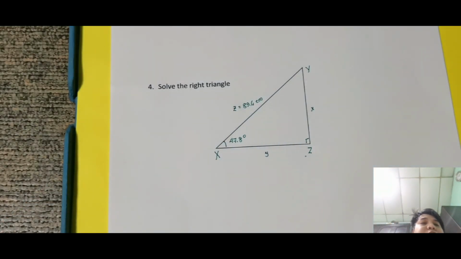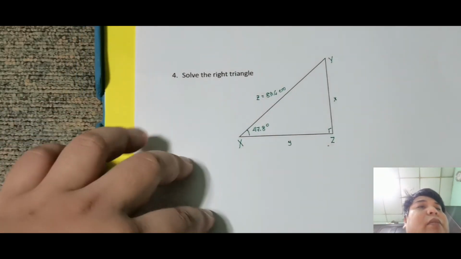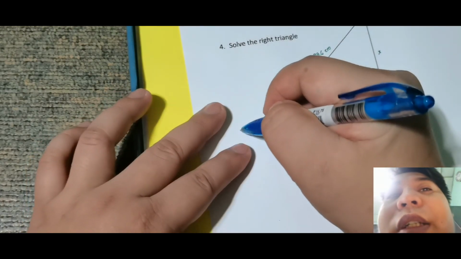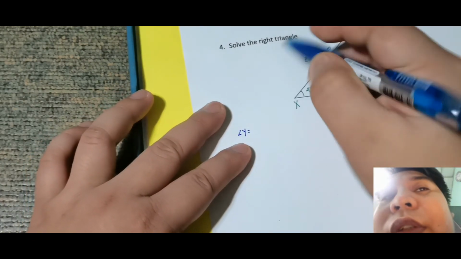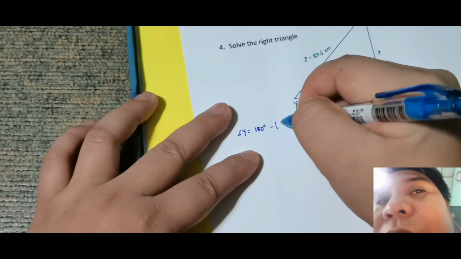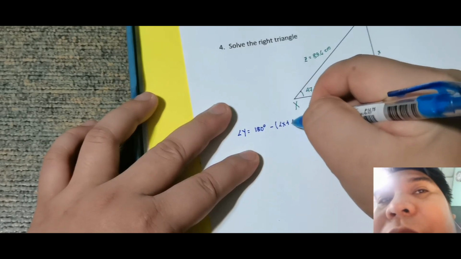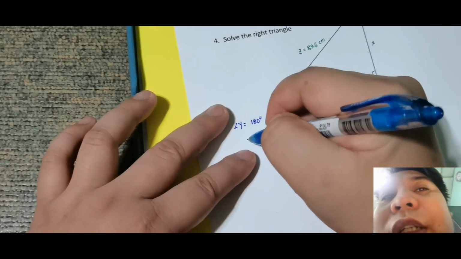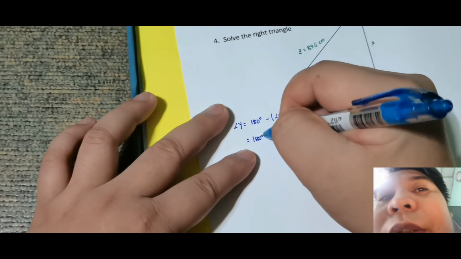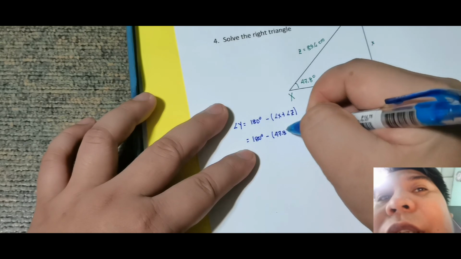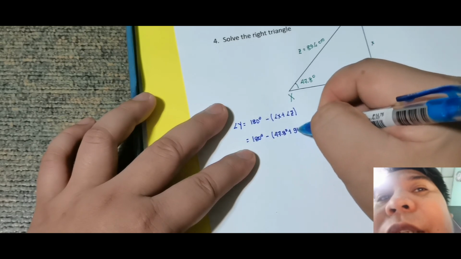So again, ganun, let's solve muna natin yung angle y kasi siya yung madali na hanapin natin. Okay, so for the measure of angle y, that's simply angle y is equal to 180 degrees minus angle x plus angle z. Okay, that is equal so 180 degrees minus this is 47.8 degrees plus 90 degrees.